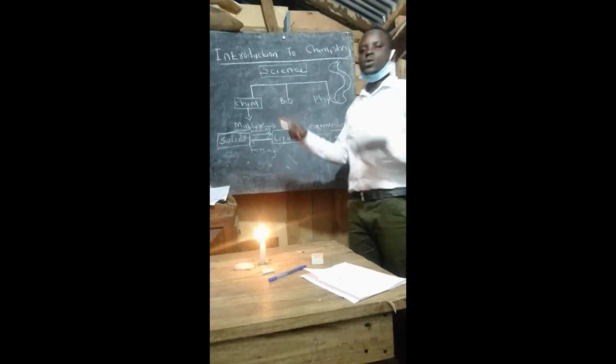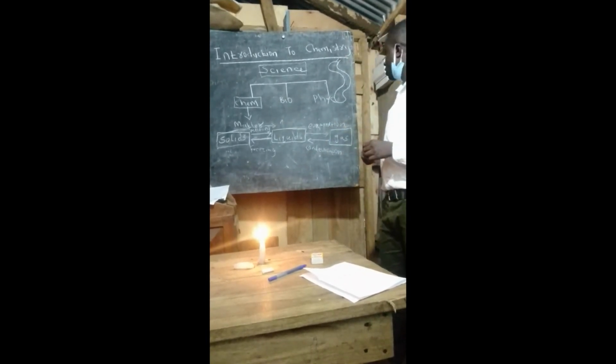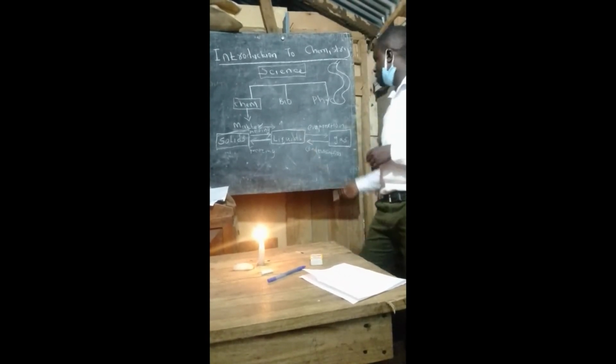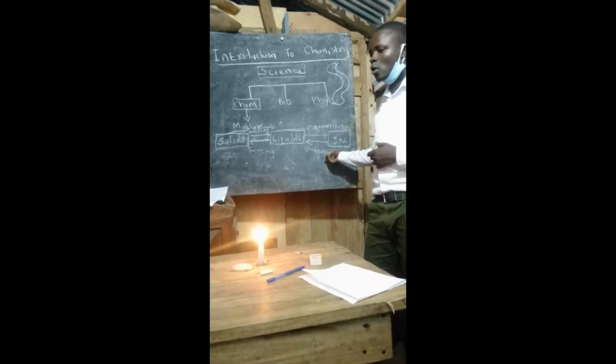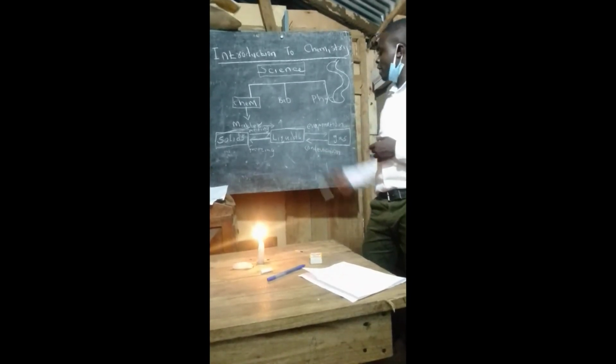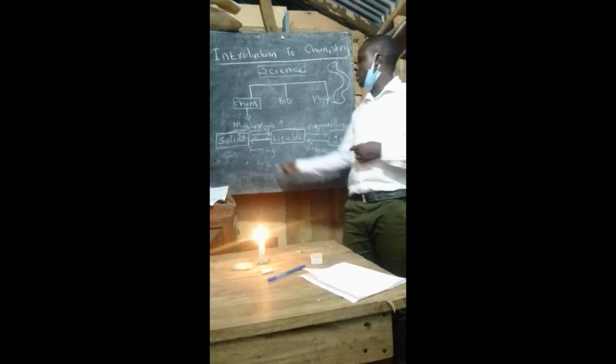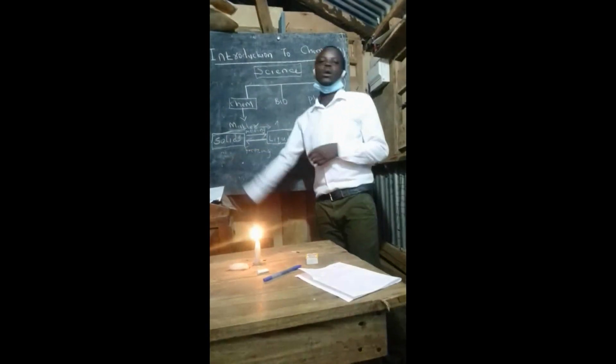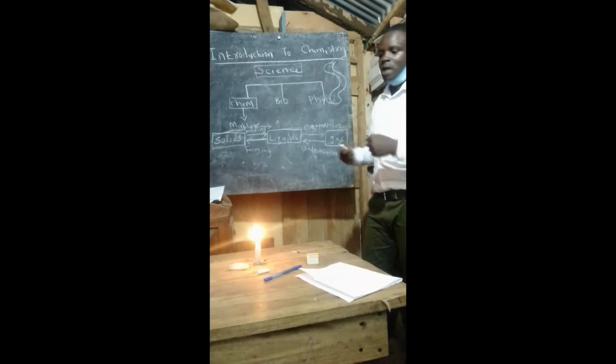The reverse can also occur, whereby when you have a gas and it turns into a liquid, this is known as condensation. Then when you have a liquid and it turns into a solid, this is known as freezing.